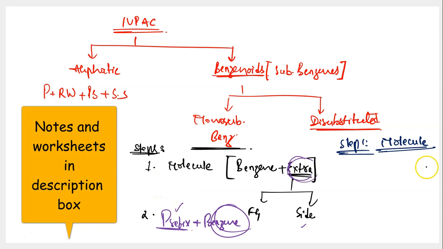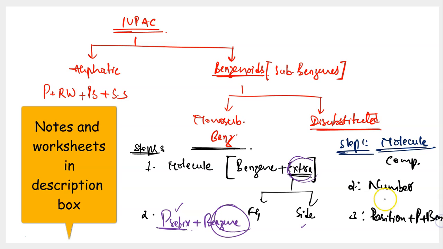It will work. If it is disubstituted benzene, you have to follow 3 steps. 1, observe the molecular composition. Then step 2, you have to give the numbering to the carbon atoms. And then 3, you have to construct the IUPAC name, which is position first, followed by prefix, followed by the term benzene. Following these 3 steps, you will be able to write the name.